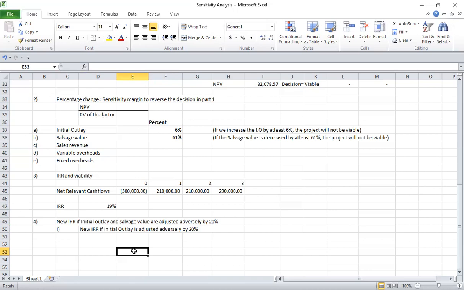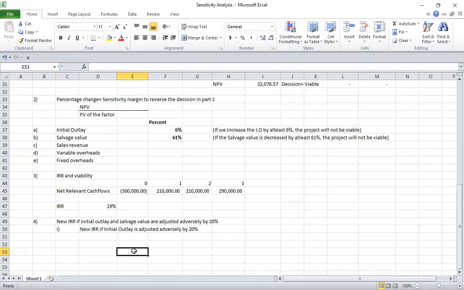Yes. When you decrease the initial outlay, you know the initial outlay is a negative cash flow. And the word adverse means that we adjust to the bad. So when the initial outlay is a negative cash flow, adjusting it to the bad means that we increase it.